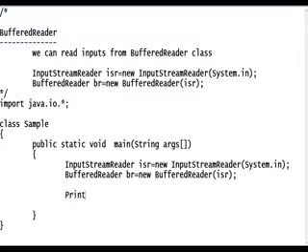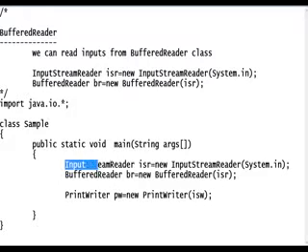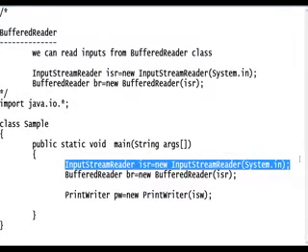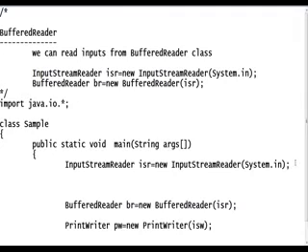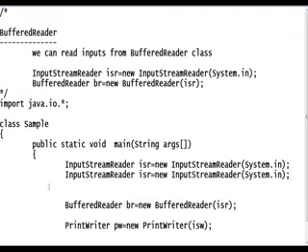Okay, the PrintWriter class also we can write. PrintWriter pw equals new PrintWriter of, take one object again. Okay, InputStreamReader, OutputStreamWriter. I will take the OutputStreamWriter object.